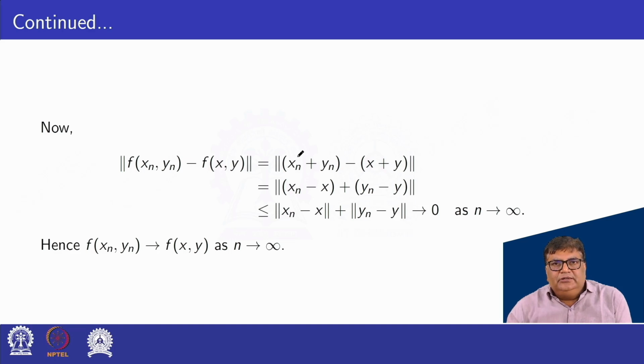So this can be written together as xn minus x and yn minus y, by using the triangle inequality of norm.